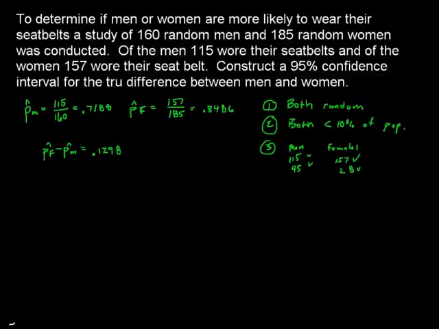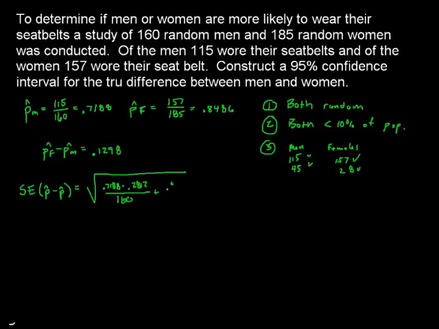All right, so really the only other thing I need is a standard error of the difference, and this is going to tell me that my difference might vary from somebody else's. The formula is a little bit time consuming to write here, but it's going to be 0.7188 times the opposite of that, which would be 1 minus 0.7188, 0.2812, divided by the sample size for men, and that was 160, plus, now we have to do the women here.